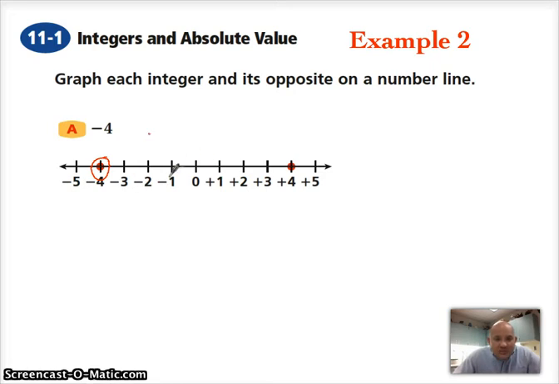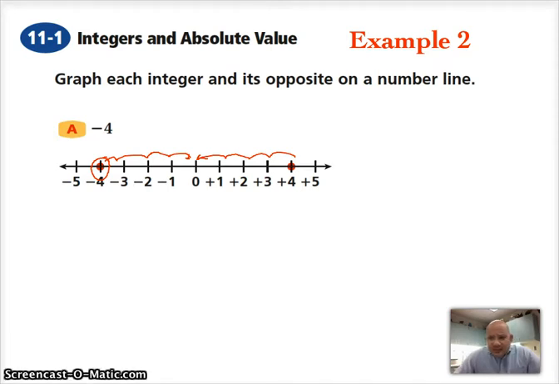And how do we know it's the opposite? Because they are the same distance from 0. 1, 2, 3, 4. 1, 2, 3, 4. I'll take you through some more examples in class regarding that.